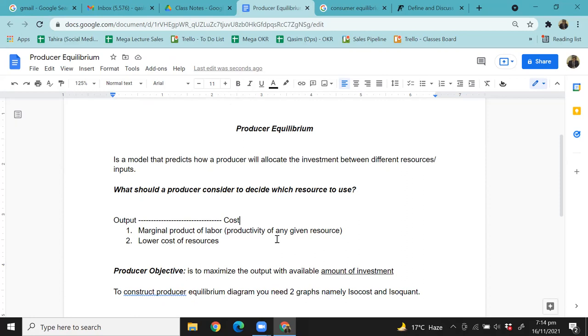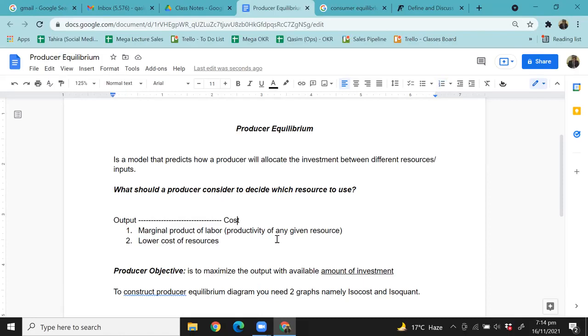How much output will that resource provide? If you're using labor, how many units of output will that labor produce? Similarly, if you're using a capital machine, how much output will that machinery produce? That is the output that you need to consider, and compare that with the cost that you have to pay to produce that output, which we'll see in a bit.